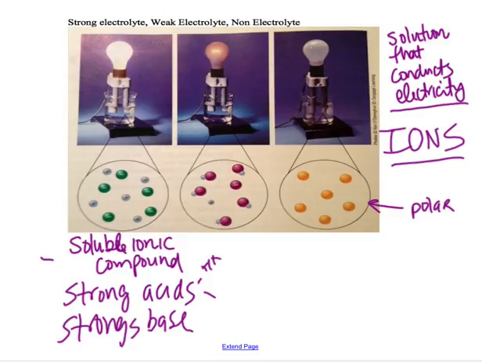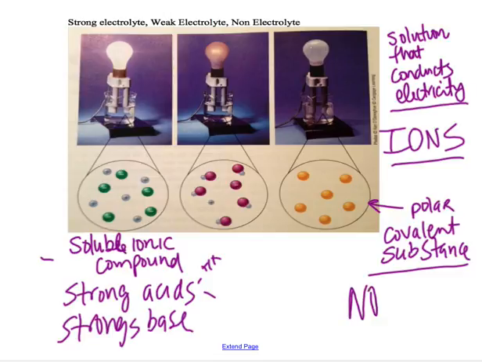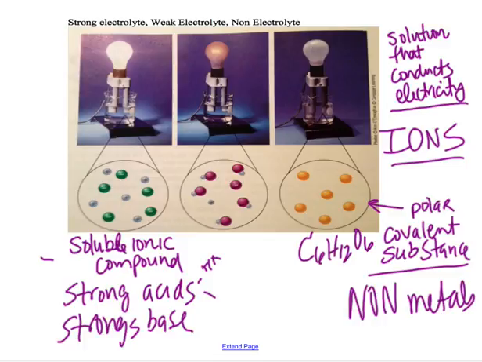So any covalent substance, if it's polar, it'll dissolve in water, but it won't ionize. Okay? So covalent substances, and by that, things with nonmetals. C6H12O6 is an example. What else is an example? Oil, right?